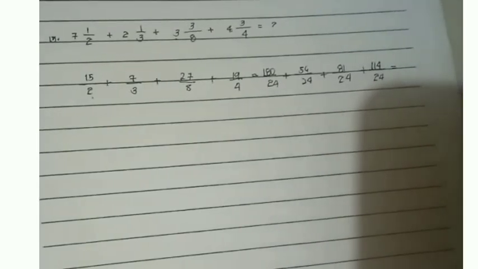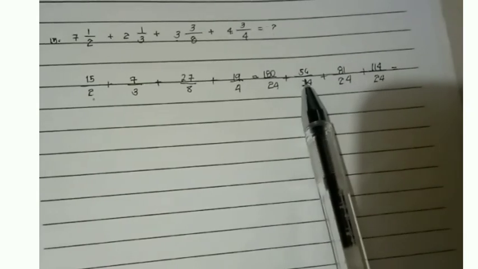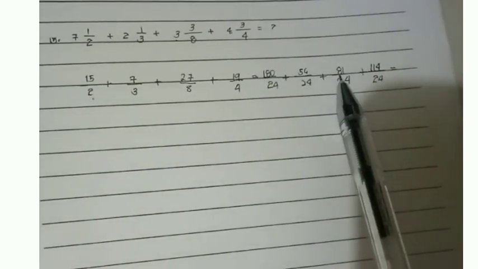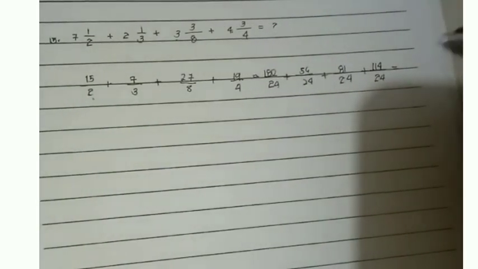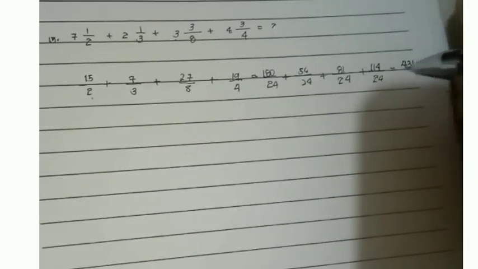Let's add 180 plus 56 plus 81 plus 114 is equal to 431. Then copy the denominator, which is 24.